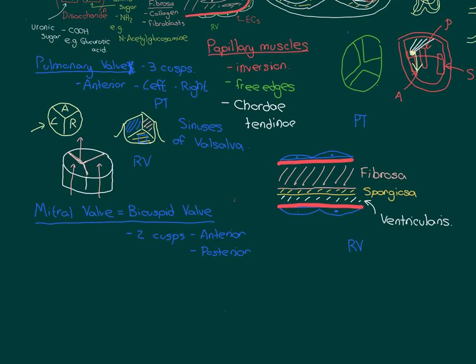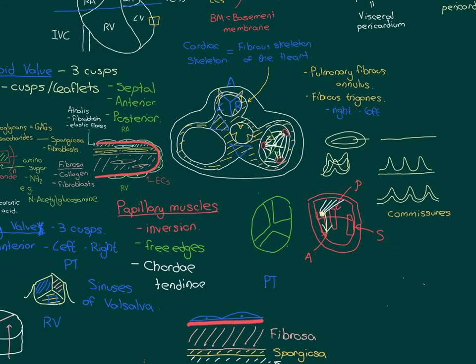So let me now draw these onto our picture up here. So the way it goes is like so. Here is the anterior cusp, which is much smaller than the posterior cusp, and then the rest of that is going to be made up of the posterior cusp. However, the posterior cusp is split up into three separate bits, like so.